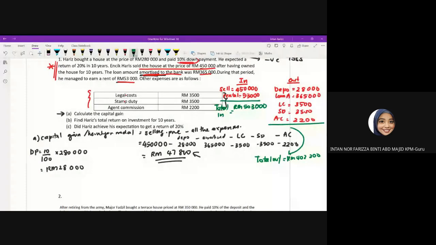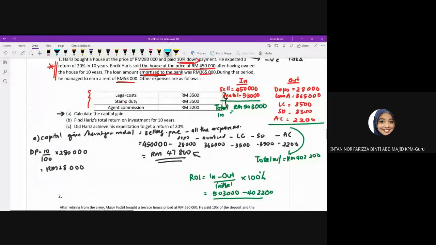Okay, so how to find the total ROI? Okay, so ROI is, I use my own formula, in minus out over initial. Initial ialah pelaburan asal. Okay, times 100%. So what's my in? My in just now was 503,000. Okay, what's my out? 402,200 over initial.